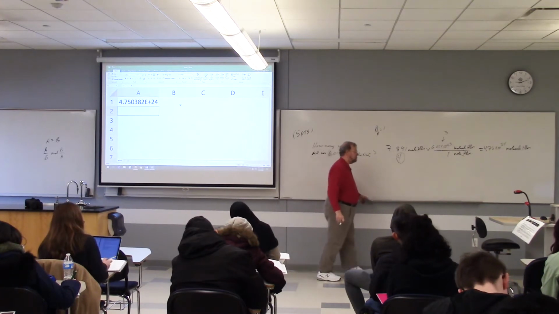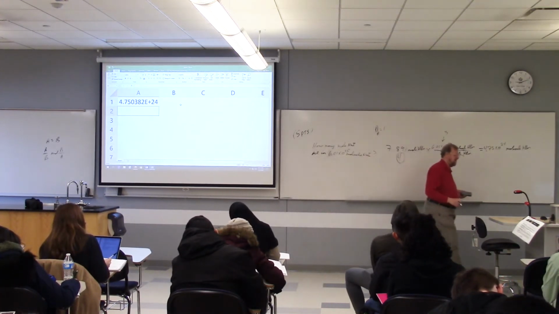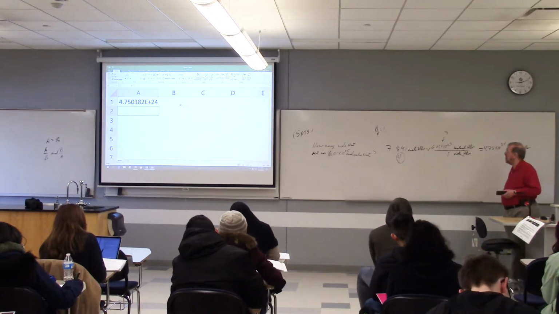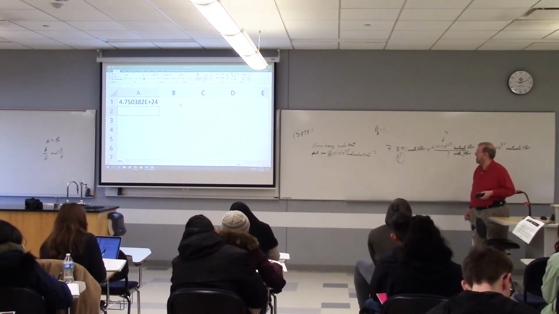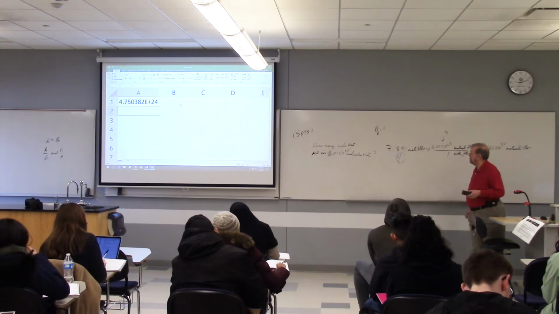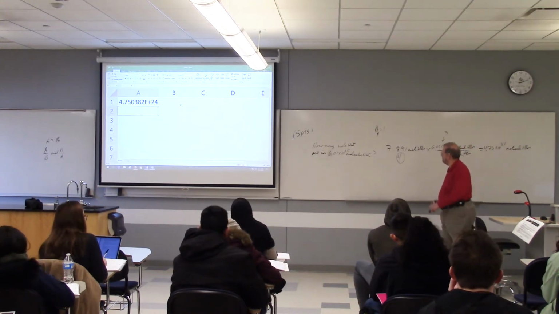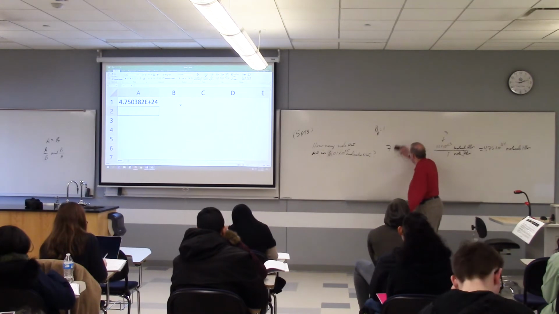And why don't you try this one? To set it up, you don't need to have a calculator. And the question is, how many moles sodium iodine are in 6.01 times 10 to the 25th molecules of sodium iodine?